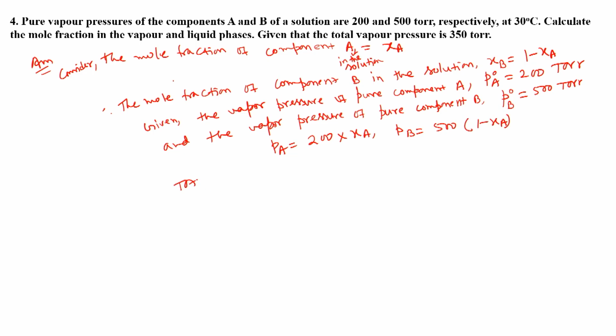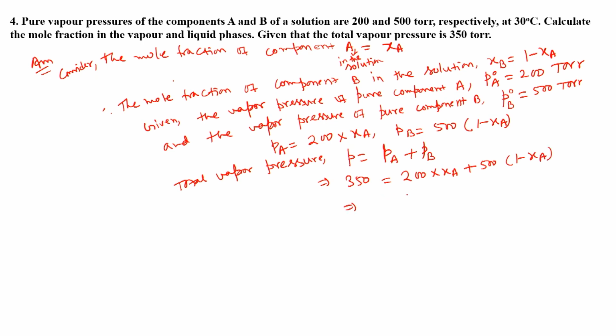So, total vapor pressure P is PA plus PB, and the value of P is given as 350, and PA plus PB is 200 times XA plus 500 times 1 minus XA.